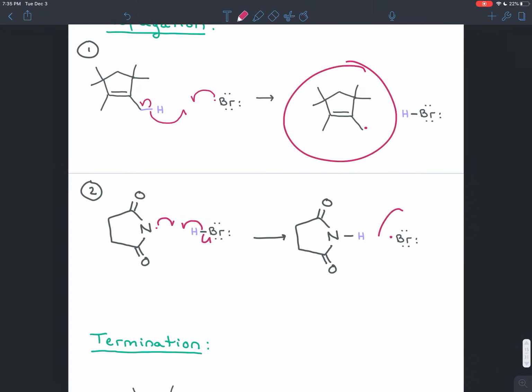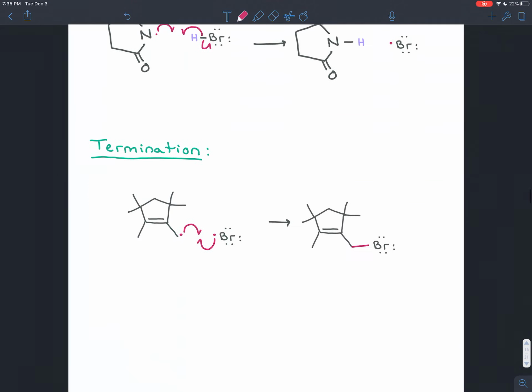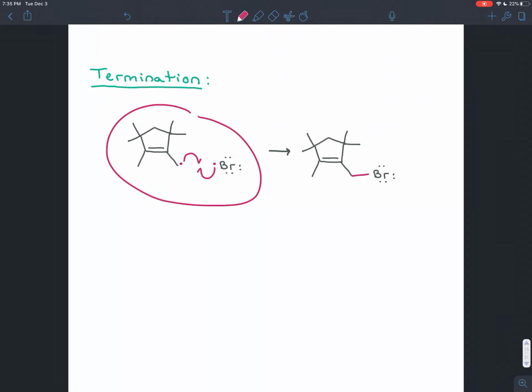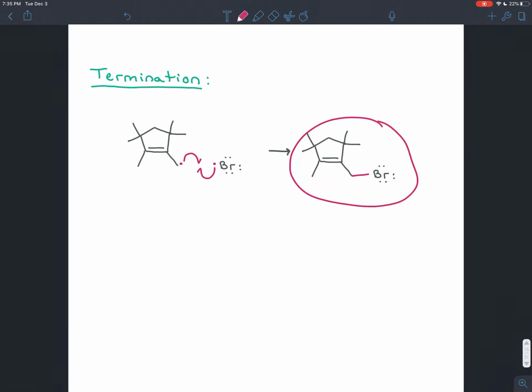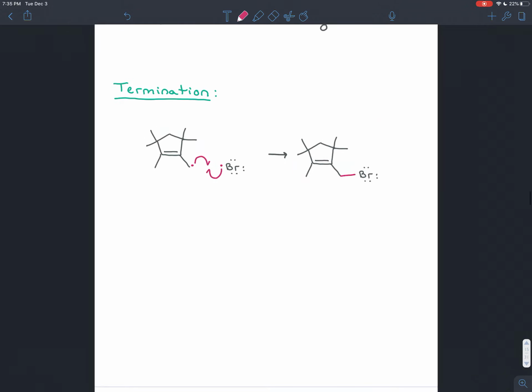Then the carbon radical and the bromine radical that you formed in the two propagation steps pair up in the termination step to add the bromine onto the allylic position.